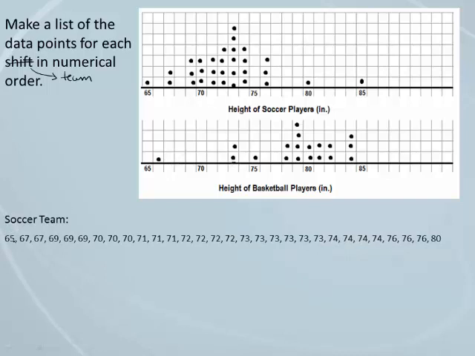We had one 65-inch player, two 67-inch players, three 69-inch players, three 70-inch, three 71, four 72s, six players that are 73 inches tall, four 74s, three 76s, 180, and 185. Forgot that one was added on there.